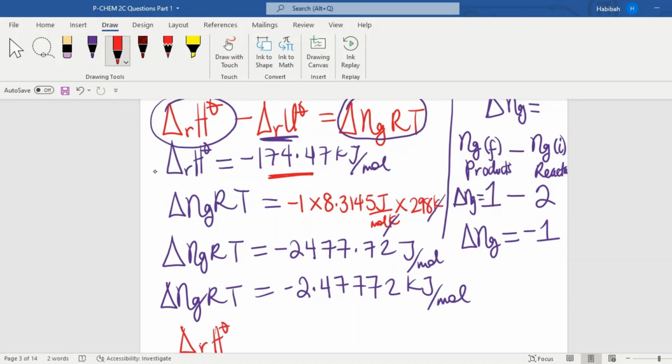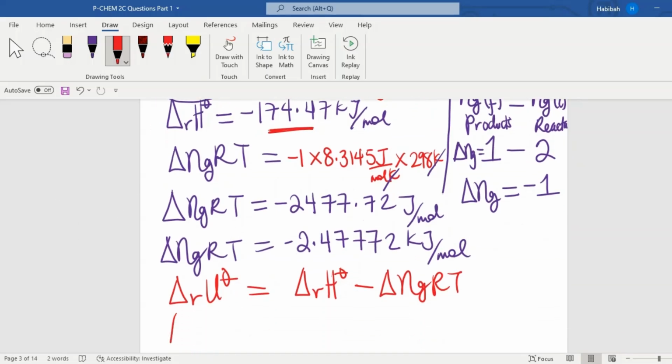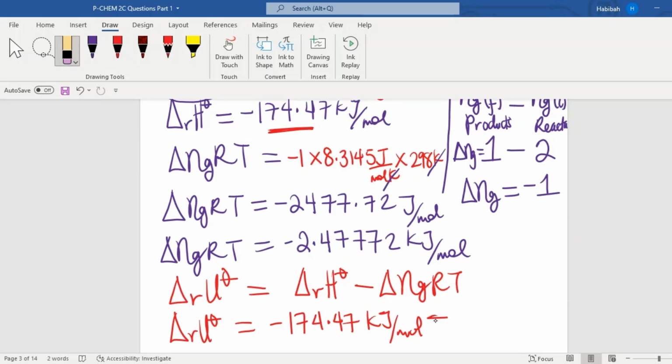So going back to our math, rewriting this in terms of the change in internal energy of reaction: the change in internal energy of reaction is going to be the change in enthalpy of reaction minus the change in number of gas molecules, RT. So we can put the change in internal energy of reaction to be -174.47 kilojoules per mole, minus what we've gotten here, which is -2.47772 kilojoule per mole.